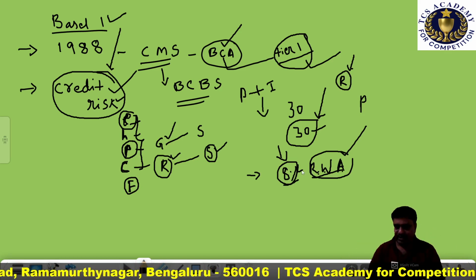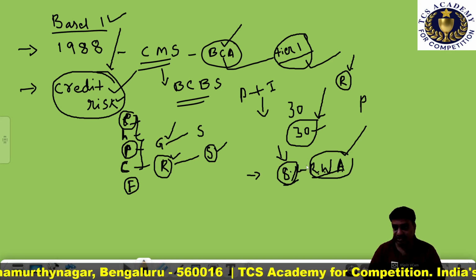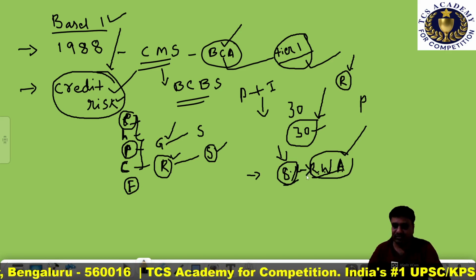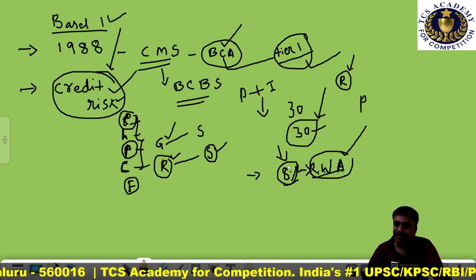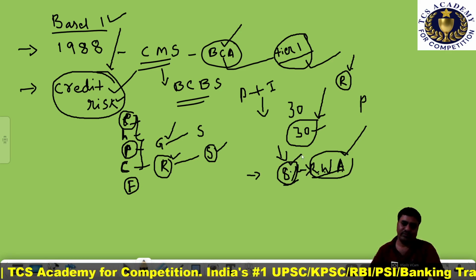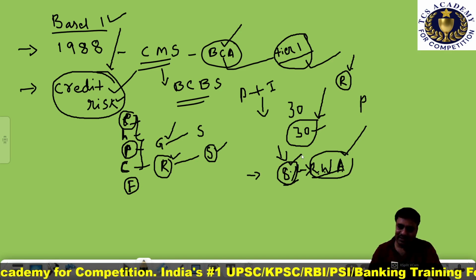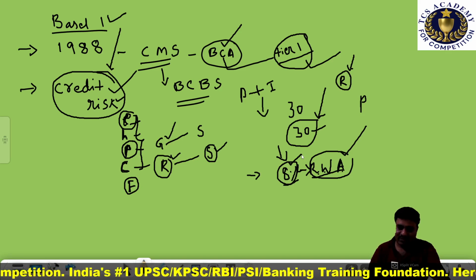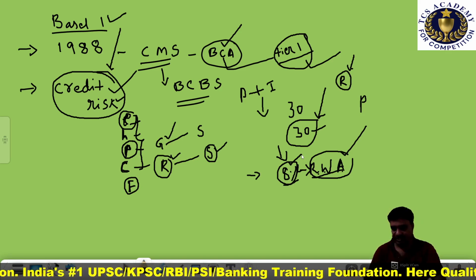So against such risks, against such challenges, the bank has to maintain the minimum capital ratio, that is called the minimum capital requirement, 8%.